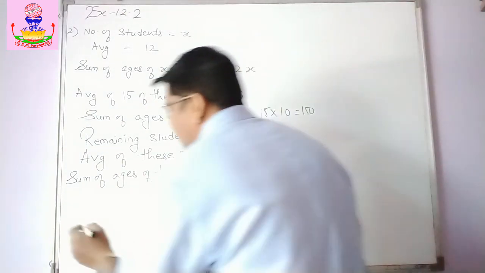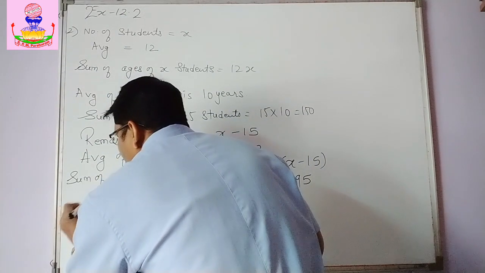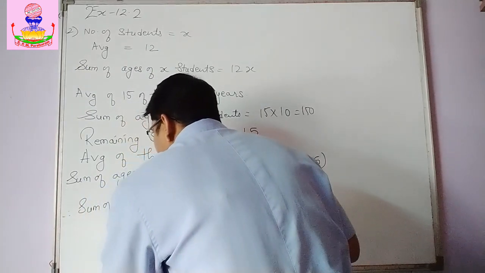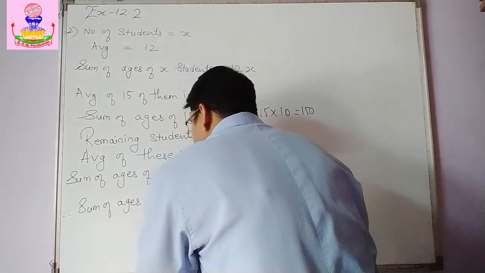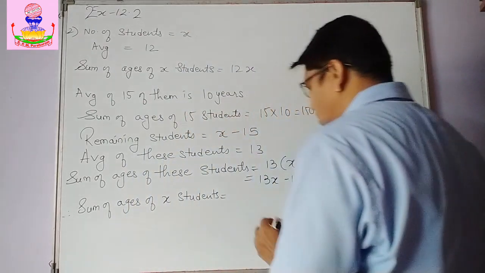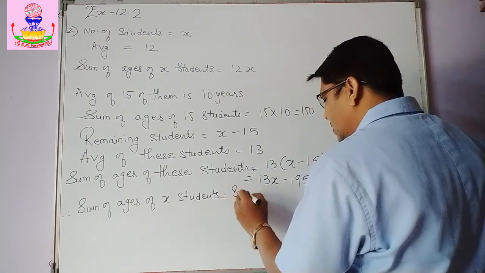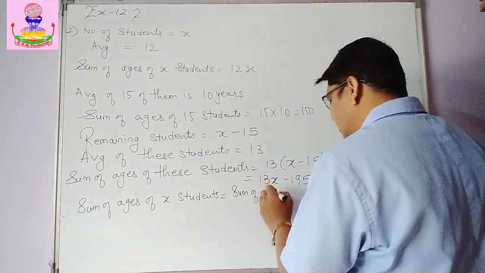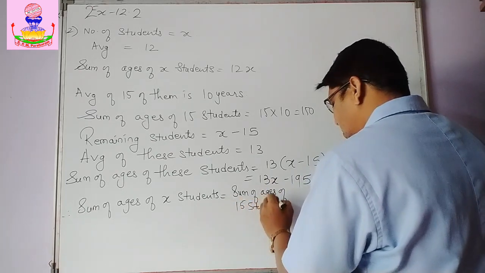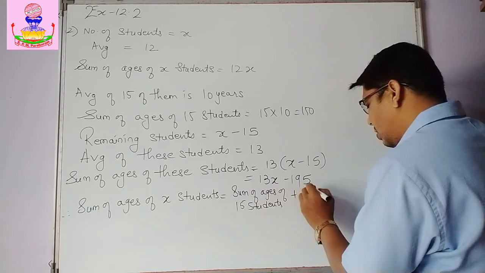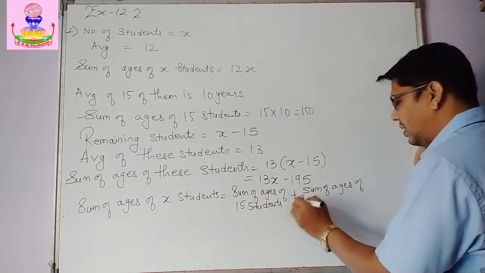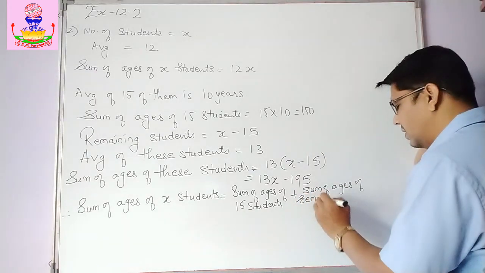So I will write here, therefore, the sum of ages of x students, that is the total number of students, should be equal to the sum of ages of 15 students plus the sum of ages of the remaining students. I hope you understand.